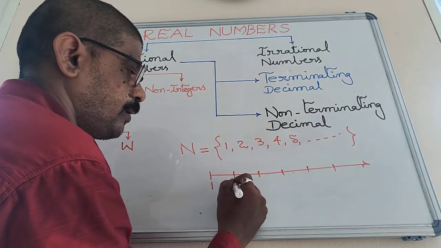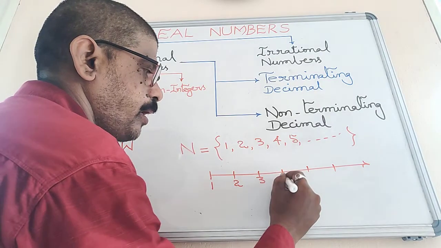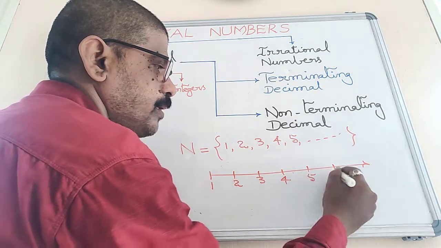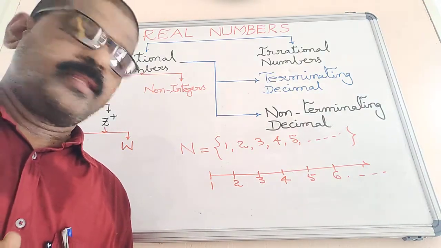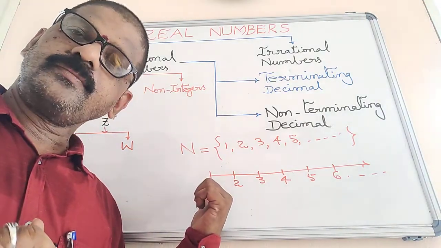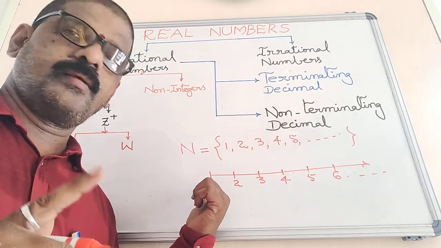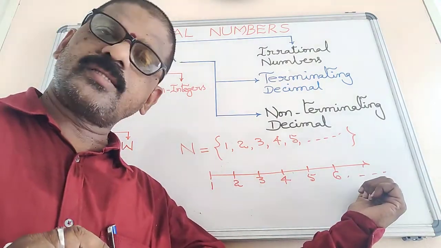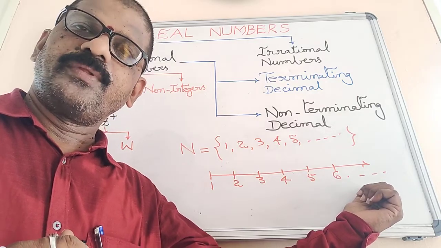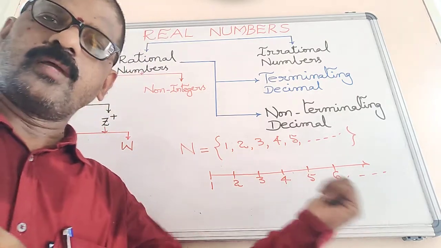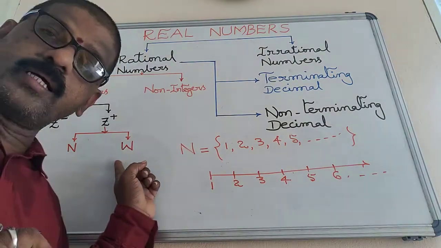This is 1, 2, 3, 4, 5, 6 and so on. We have to observe that the smallest natural number is 1. The greatest natural number we can't define.